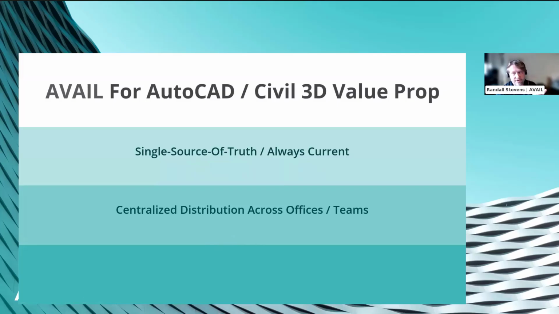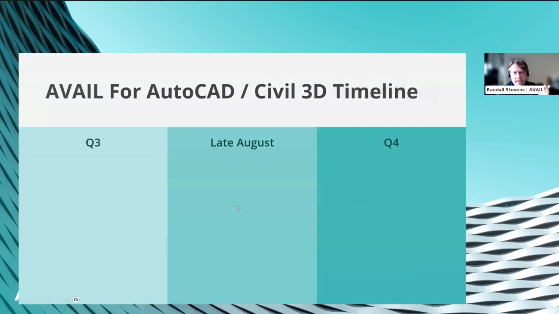Centralize that distribution, especially for larger firms where you're trying to get this out through AVAIL, so you're always looking at the latest information and everybody's consuming from that. And ultimately, where's the payoff? Can we reduce redoing things that they couldn't find info on, which causes rework and QA/QC problems over time? That's ultimately our goal and what we're trying to do with this.